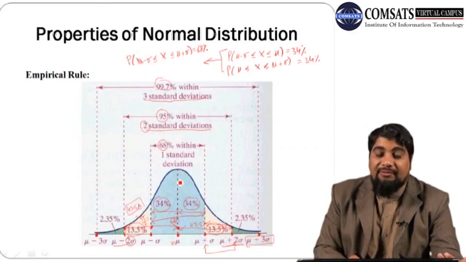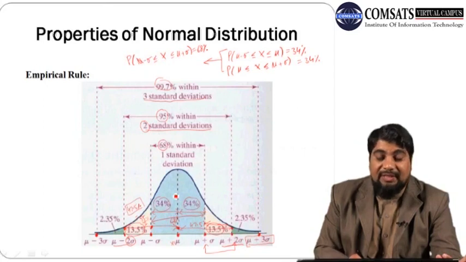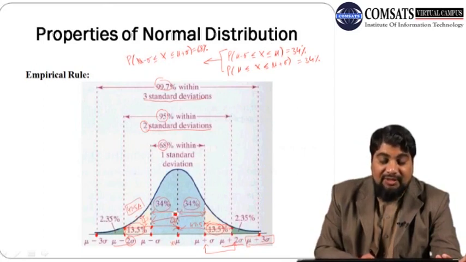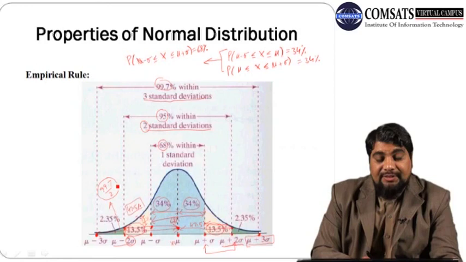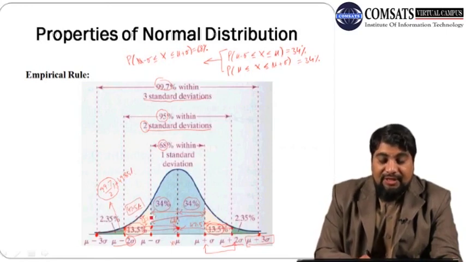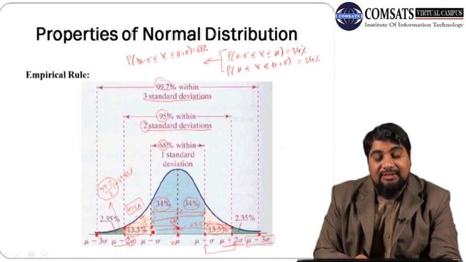So if it is 99.7%, this is the middle line, so it divides this 99.7% into 2 equal parts. Half of 99.7% is 49.85%. So out of this 49.85%, this area is 34%, and this one is 13.5%, which together make 47.5%.